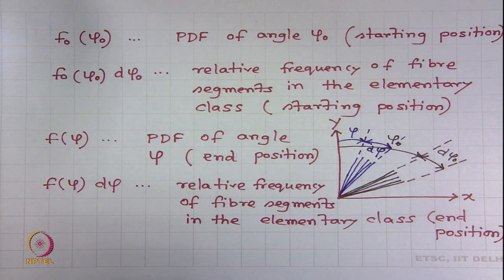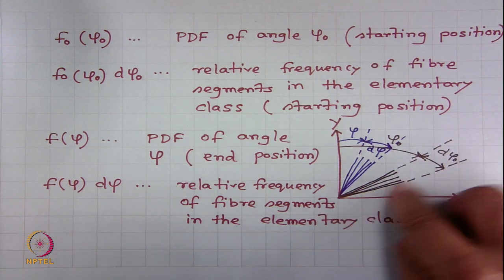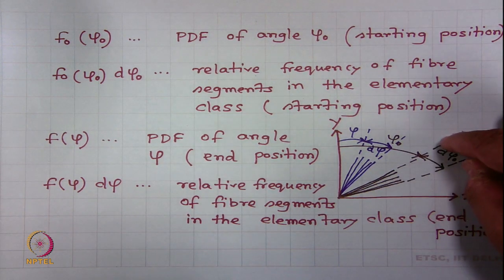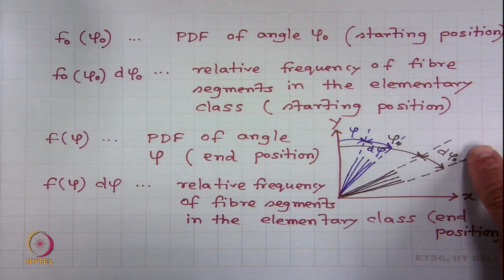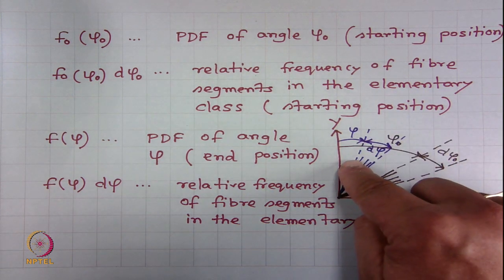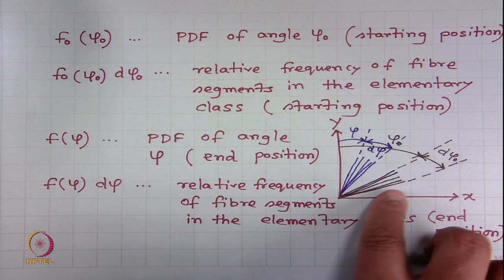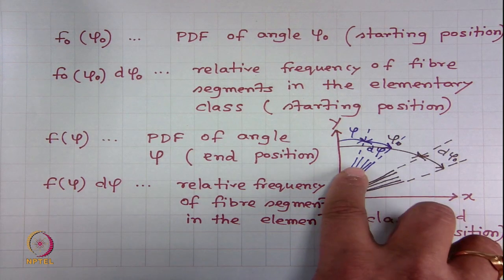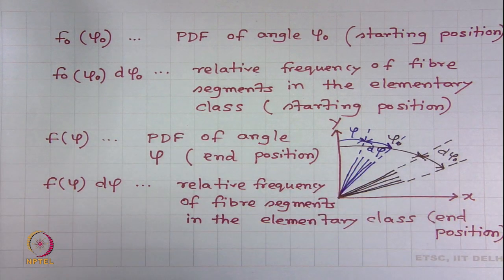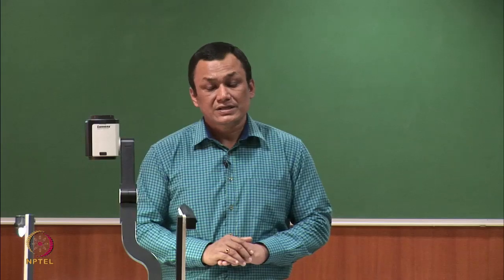So, all these fibers which were lying in this class are now changed to a new position. As a result, relative frequencies must be the same. Suppose there were 3 fibers, here also 3 fibers. So, the angular disposition changes, but relative frequency does not change.